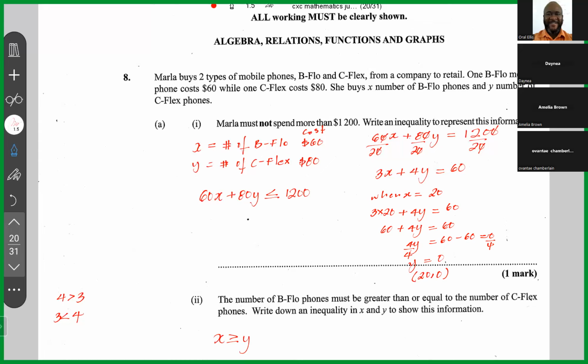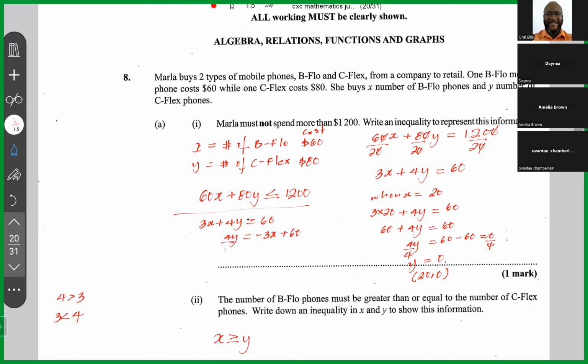Another way I could look at it, so I have 1 point already, let's get a second. We have 3x plus 4y is equal to 60. I could go 4y is equal to minus 3x plus 60.